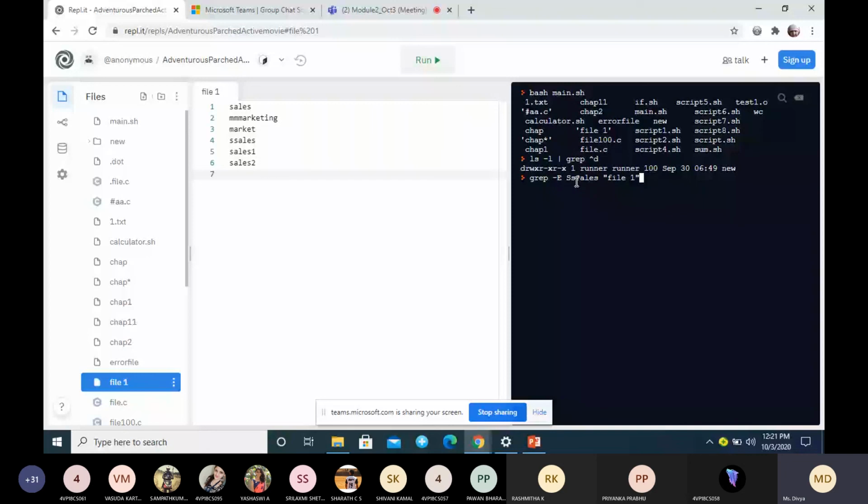So s can appear 0 times or 1 time. Here you can see I have the word. The first character should be s, and after that s question mark tells it can have s 0 or 1 time. See this. So here it is not supporting minus e.